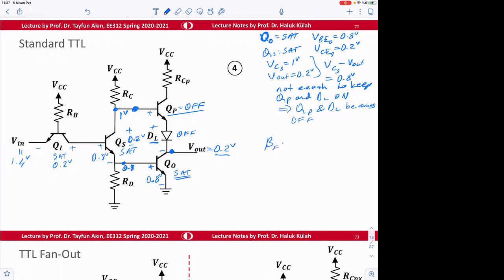Beta F times I base of O should be larger than I collector of O. I'm claiming that I collector of O is 0 amp, but it is satisfying this. So it is consistent, everything is consistent. Questions?